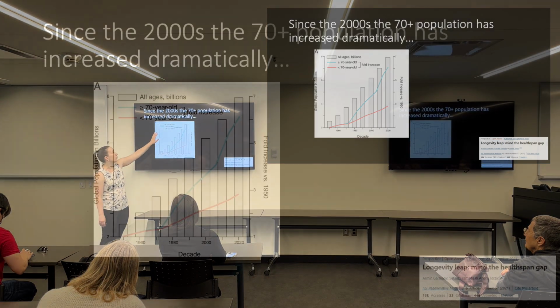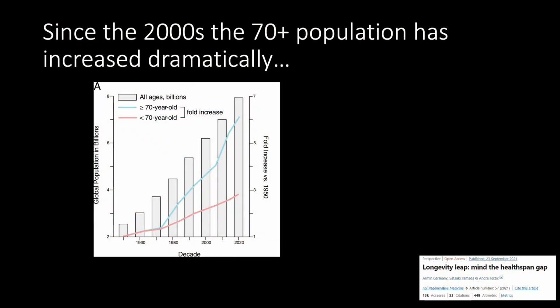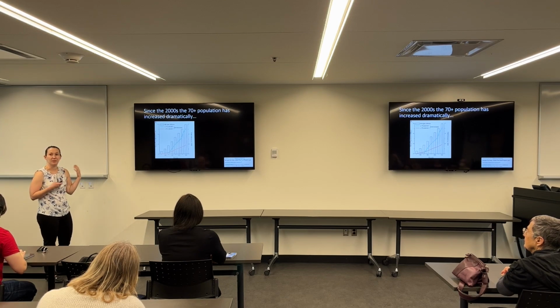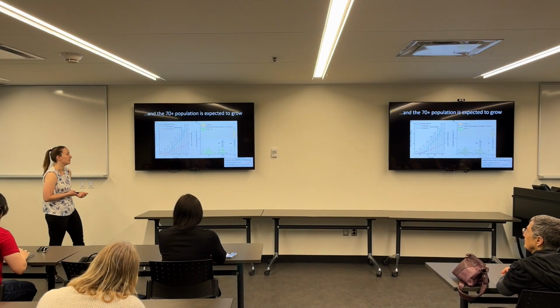But then the blue and the pink lines are showing you the ages of the population. It's shown as a fold increase versus 1950, but basically the number of people that are 70 and up is much higher than the number of people under 70. That's not necessarily a bad thing. I'll get to some potential implications of this.